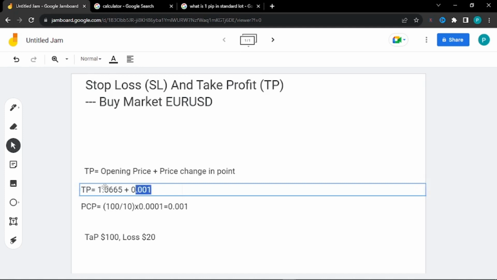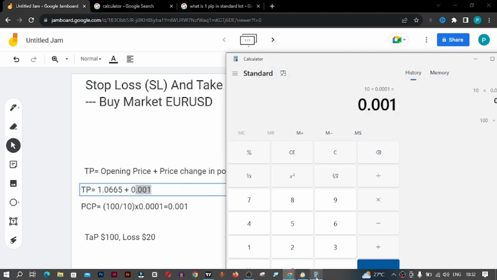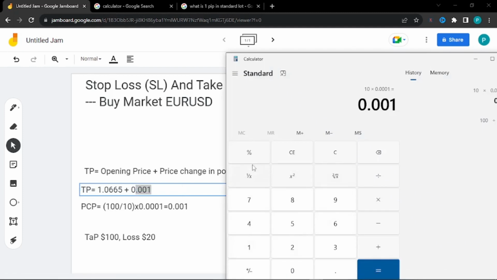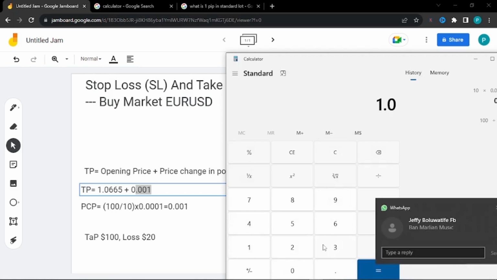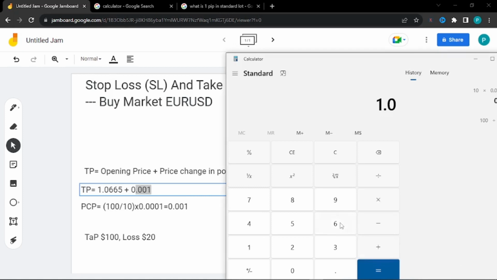So now taking this into our calculator, grabbing it up again. To know where to actually place your take profit, it is simply 1.0665 plus 0.001.